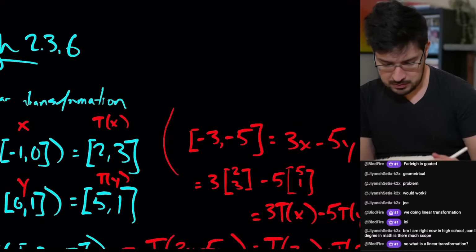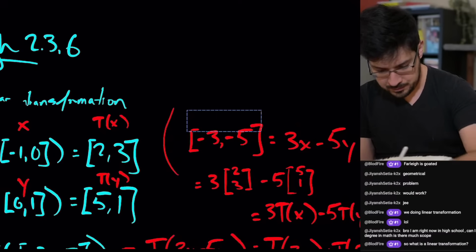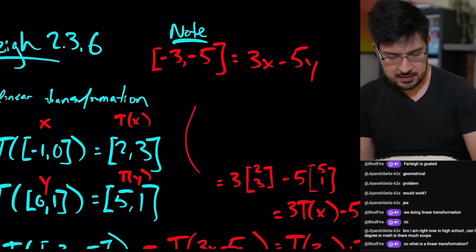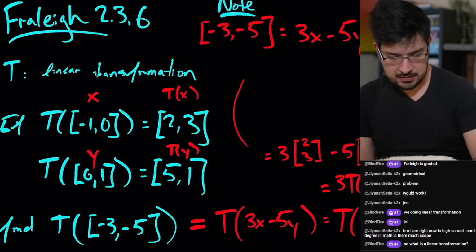Here, let's take all this and note that if we call this one z, then z is equal to 3x minus 5y.